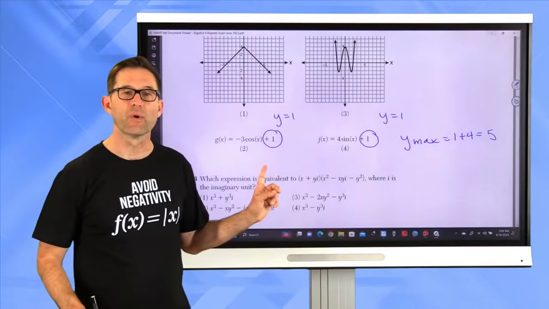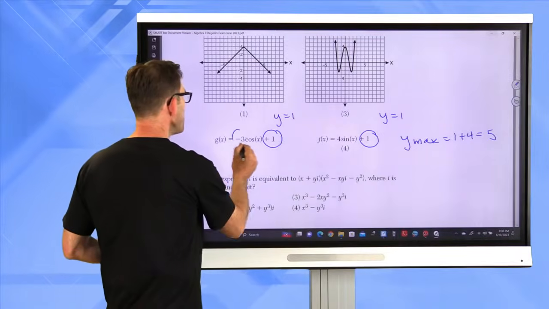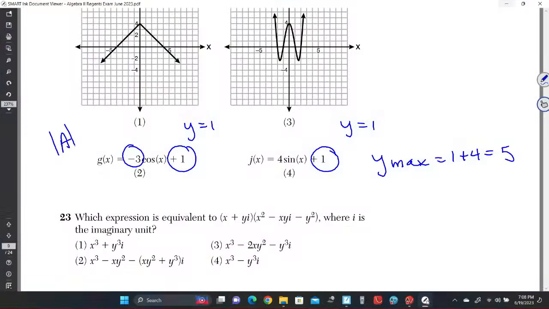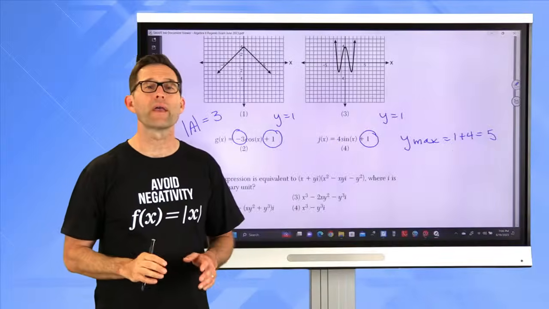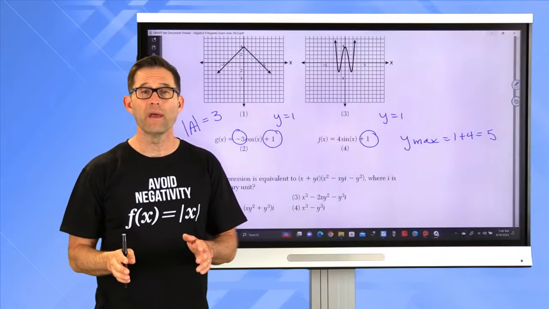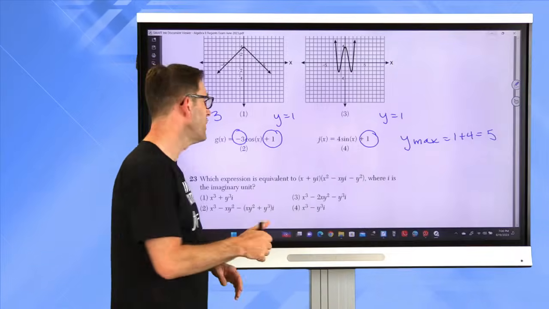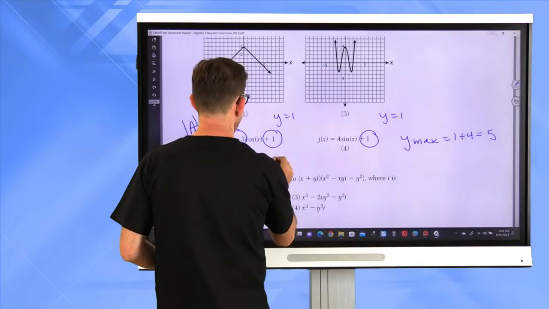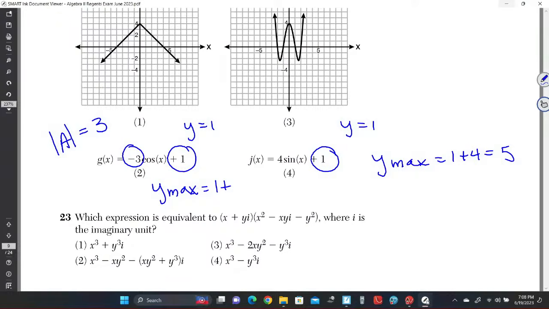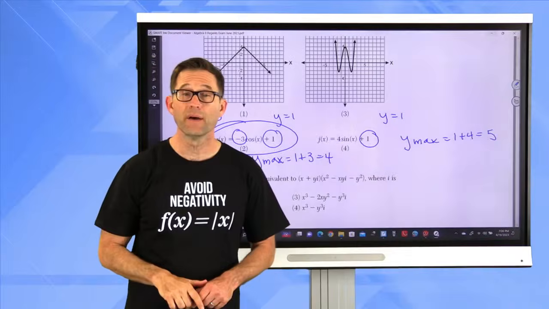In fact, it's this choice. And here, the amplitude is equal to 3. So we are going 3 units above 1 and 3 units below 1, so the maximum value in this case is 1 plus 3, or 4. So there we have it. All right, great.